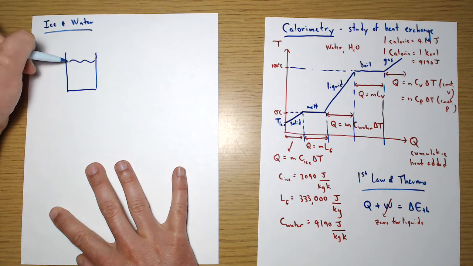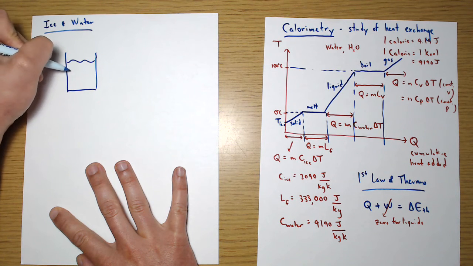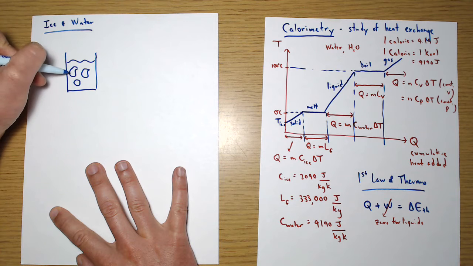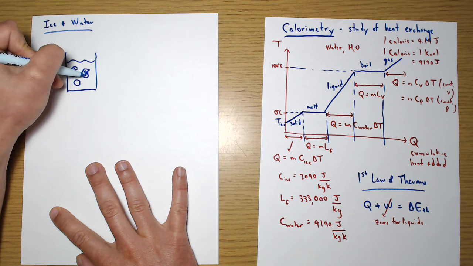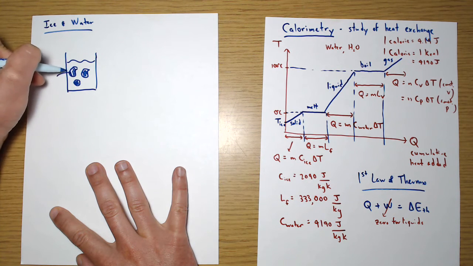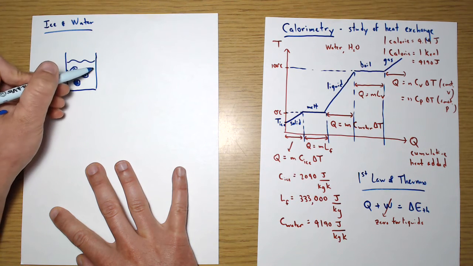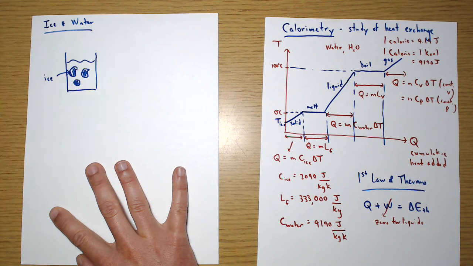And inside this cup is water. And inside the water there's a bunch of cubes of ice. So here's the ice. And then everything that surrounds the ice is the water.